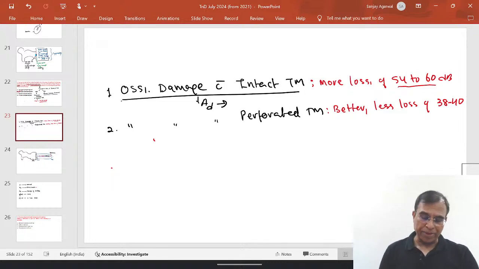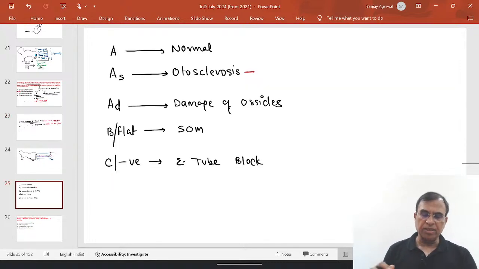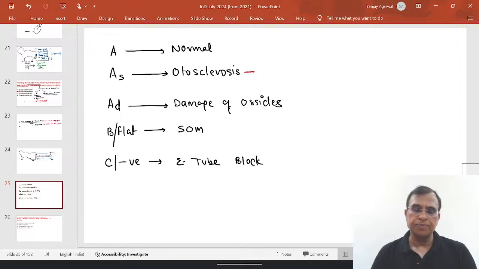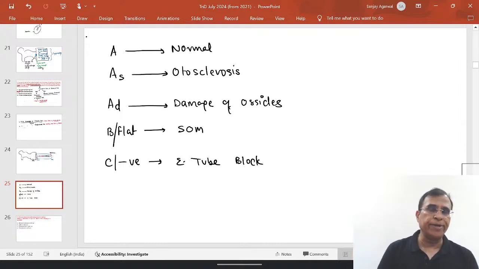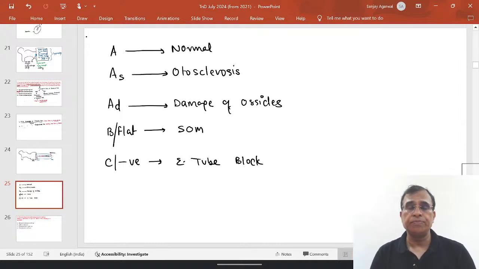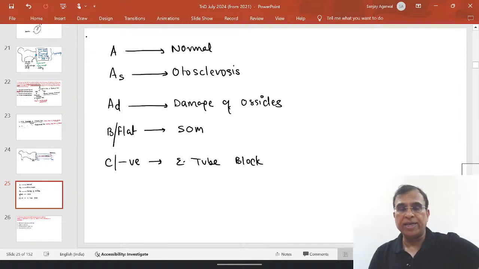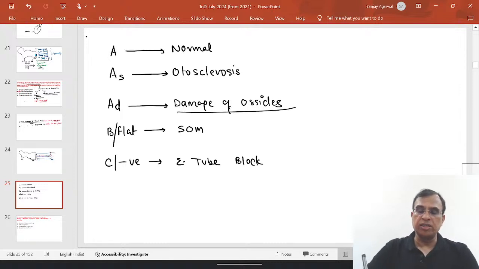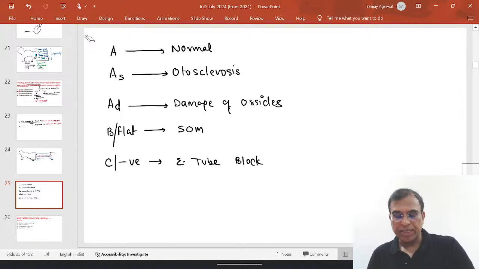So talking about tympanogram, these are the 5 types of tympanograms possible. I'm sure everybody knows this, it's a very regular thing, but just in case someone does not know: A type is normal ear, AS is otosclerosis, AD is damage of the ossicles, which is what we discussed, B is serous otitis media, and C, which is negative pressure, is Eustachian tube block.